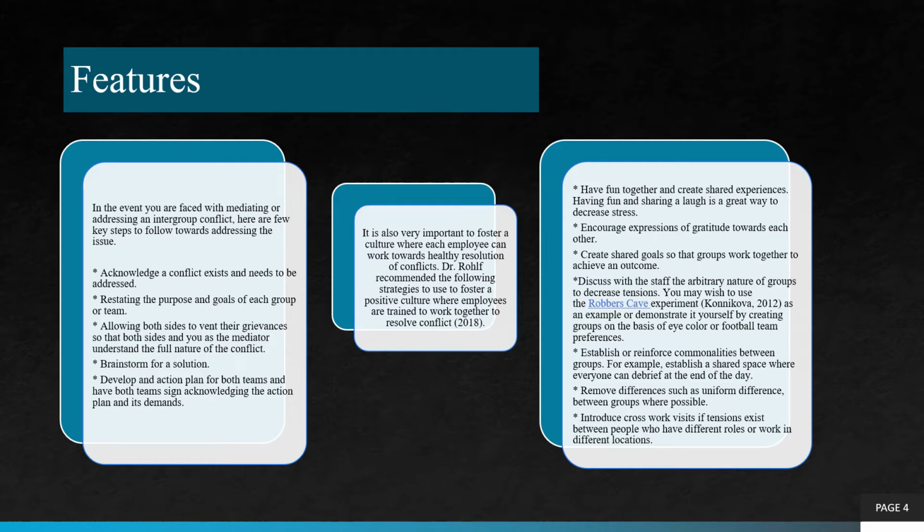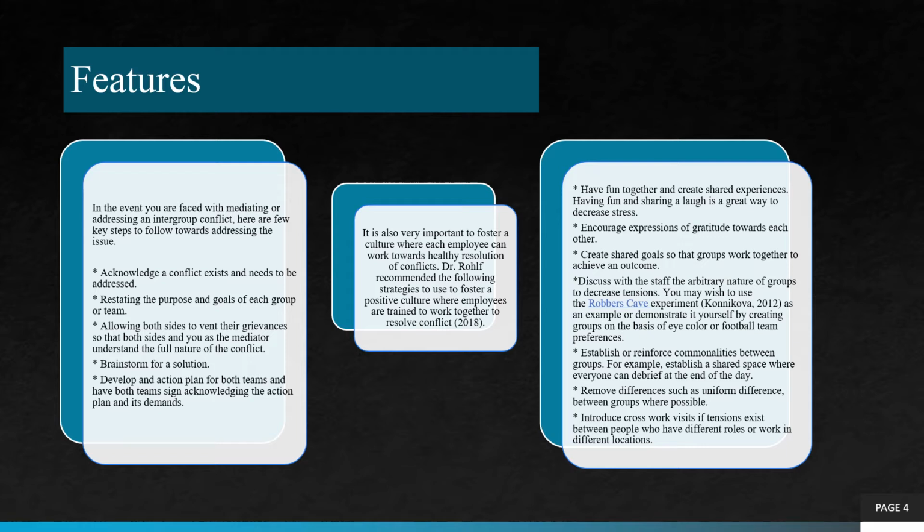In the event you are faced with mediating or addressing an intergroup conflict, here are a few steps to follow towards addressing the issue. First is acknowledging a conflict exists and needs to be addressed. Second, restating the purpose and goals of each group or team.